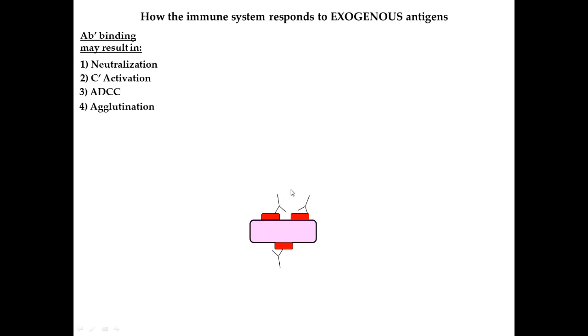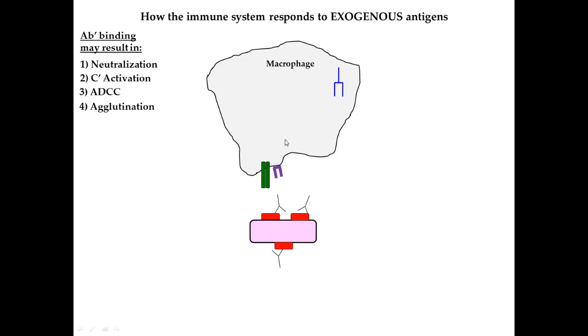The last way that we're going to talk about that antibodies can help to control an infection is actually something that can magnify to notify almost all the white blood cells in the body. And this way involves a macrophage. Macrophages are one of those white blood cells that possess Fc receptors on their surface.